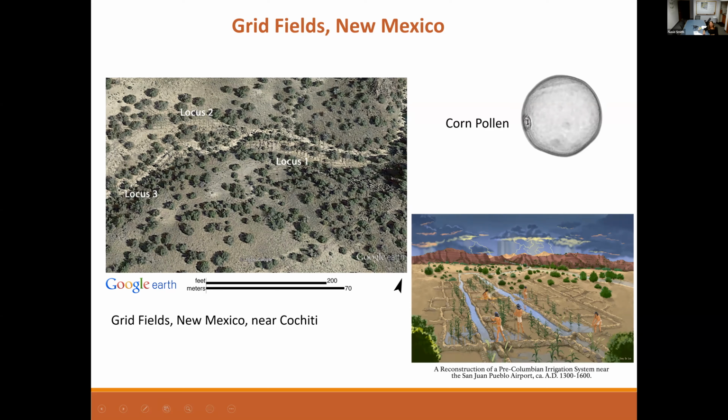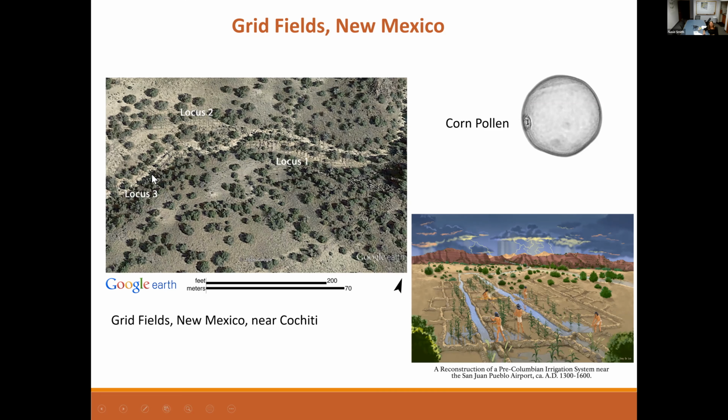There was an intake dam to channel water so that it flowed through real low-tech ditches through these grid systems. And in these fields, what we recovered was corn. So these were more of a corn-based field system.